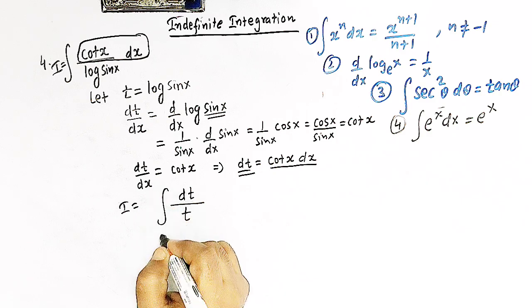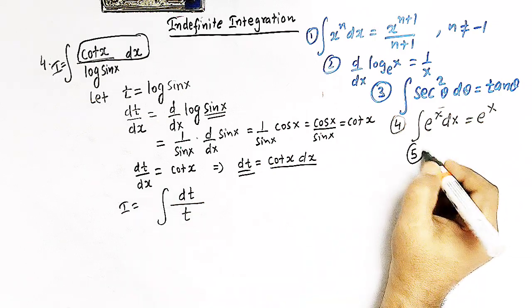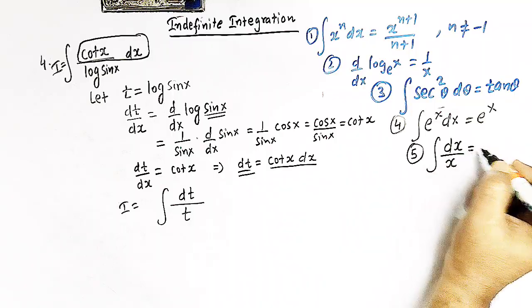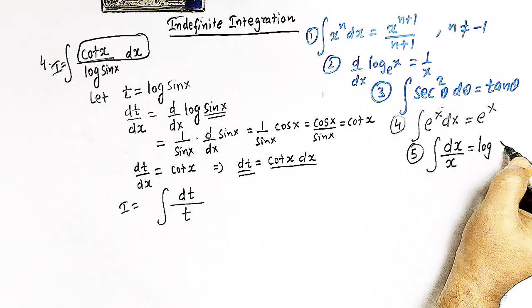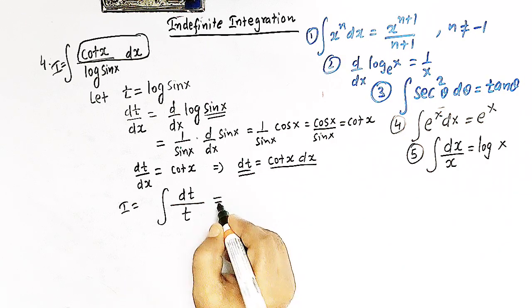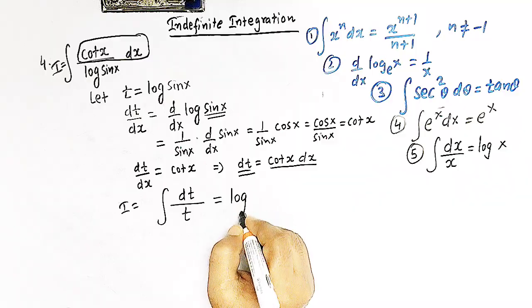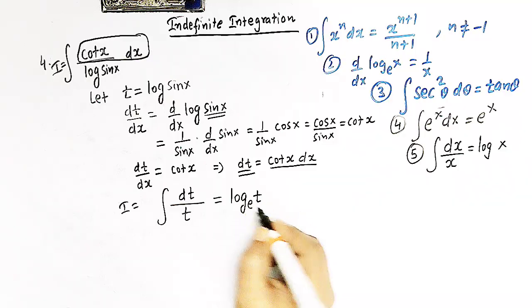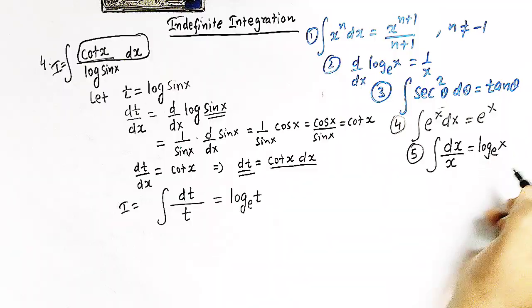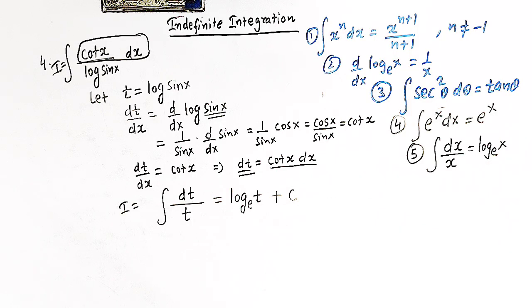So now we have a simple standard integral, and we know that the integral of dx over x is log of x, and here the base is e, right? So here we have the integral of dt over t is log of t to the base e, due to this result. So we can now write here c as the constant of integration.